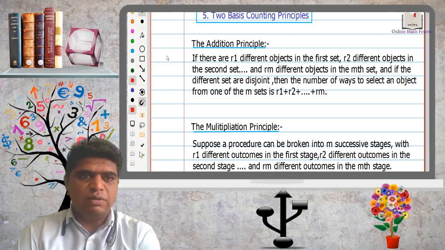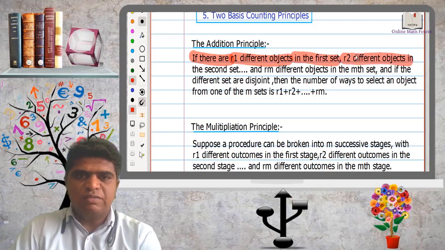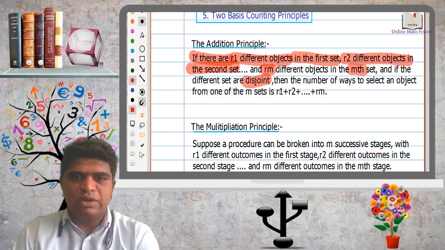The addition principle is that if there are R1 different objects in the first state and R2 different objects in the second state, and similarly Rm different objects in the m-th state, and if these states are disjoint, then the number of ways to select an object from one of these m states is R1 plus R2 plus up to Rm.